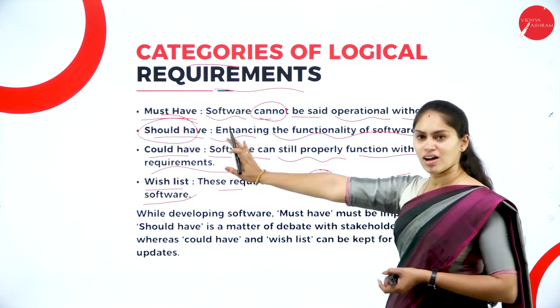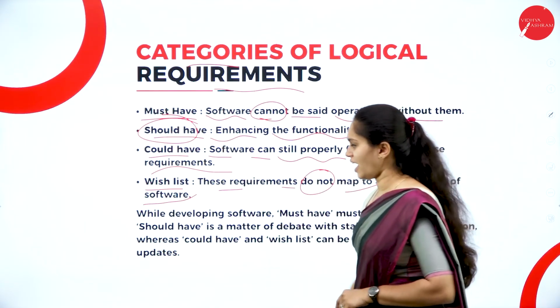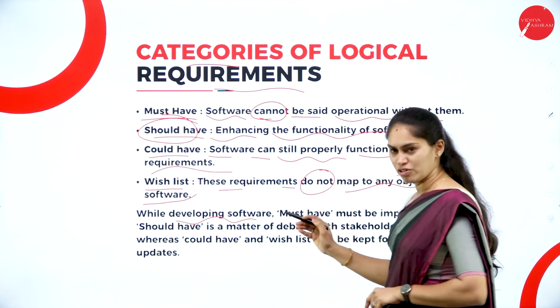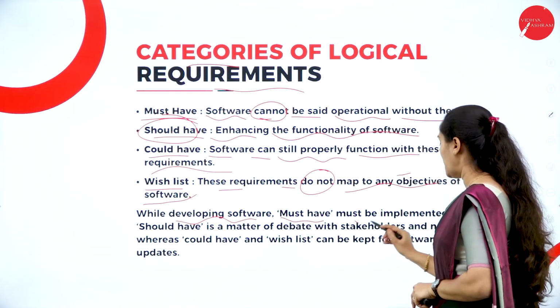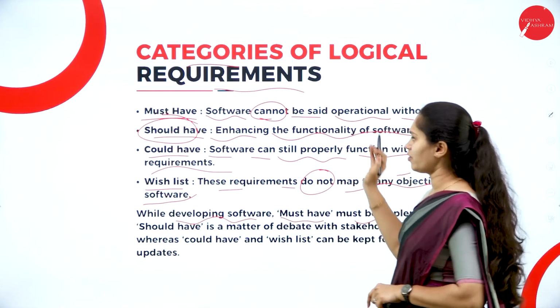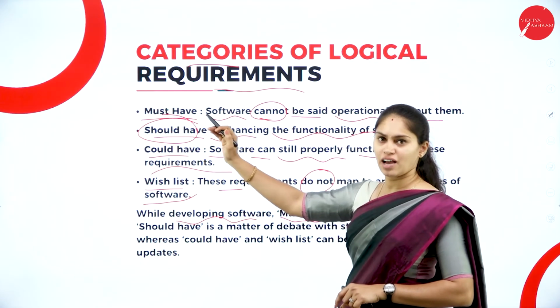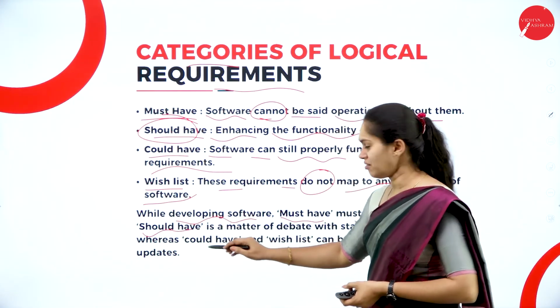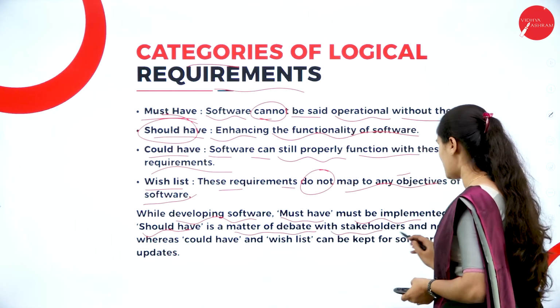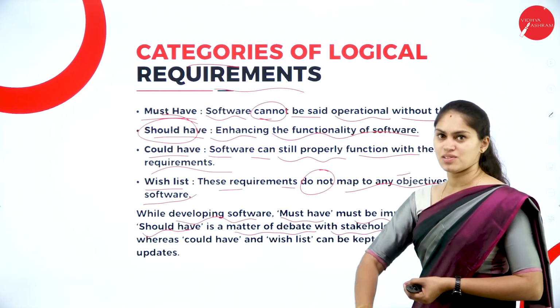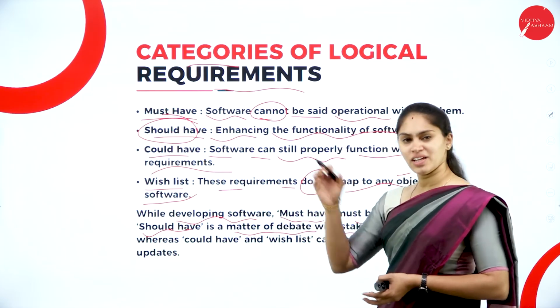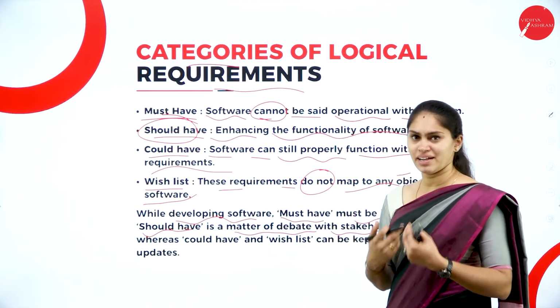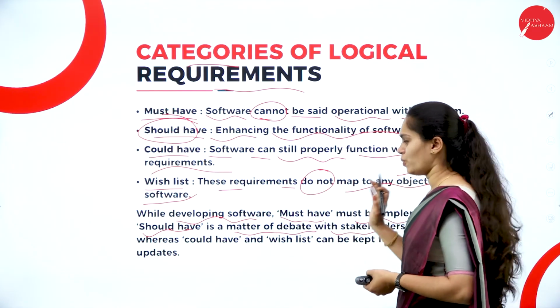So by including all this, we can come to the conclusion that while developing any software, whatever requirements we have in the must have category need to be implemented. And also we have should have. It's a matter of debate and negotiation with the stakeholders. Whether we want to include it or not needs to be communicated with the stakeholders.